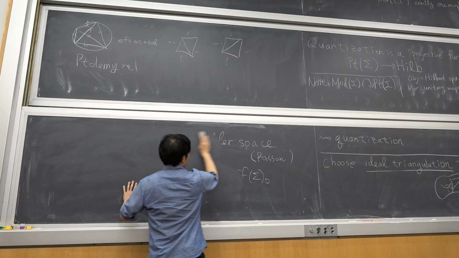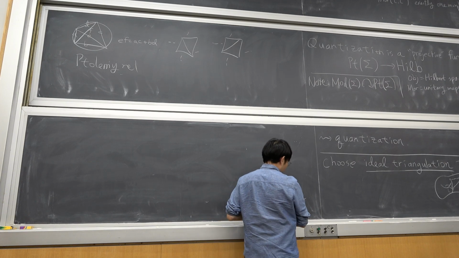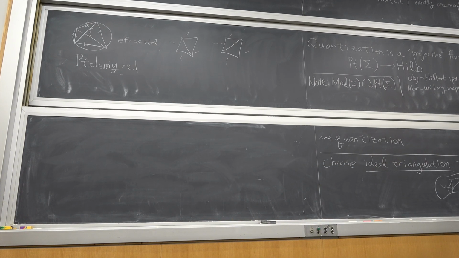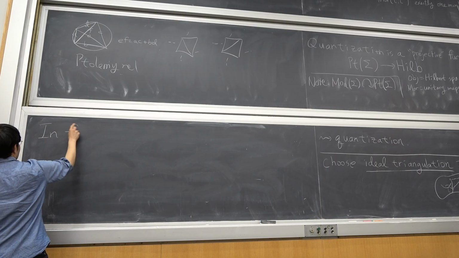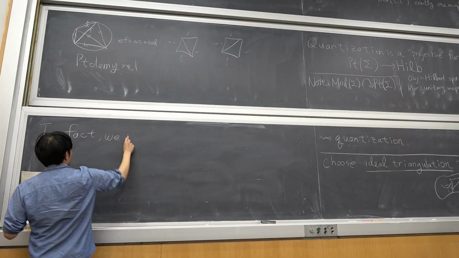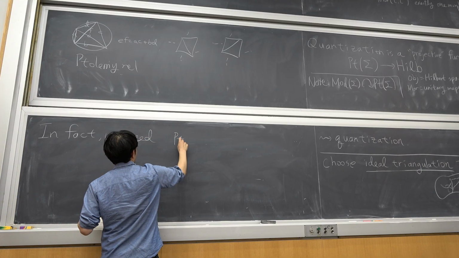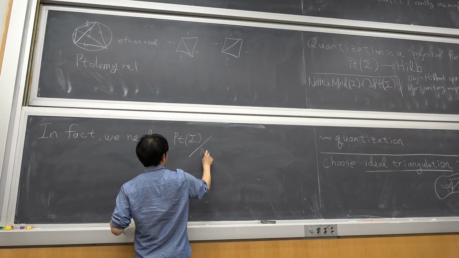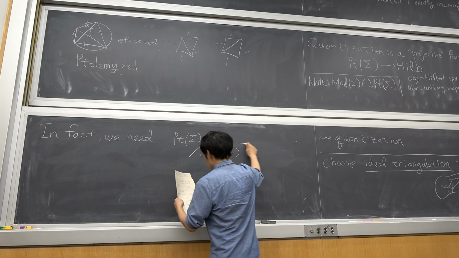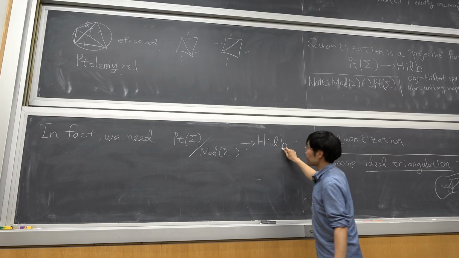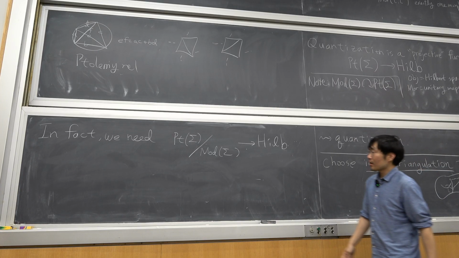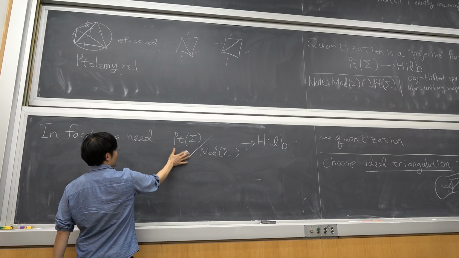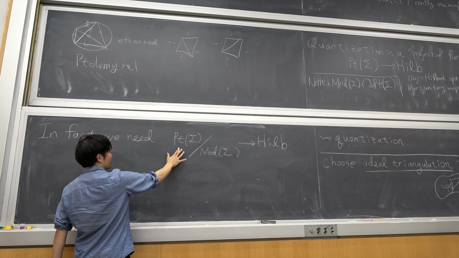One way of saying it is the following. In fact, what we need is a projective functor that goes from the quotient groupoid to Hilbert spaces. This still has not just one object, but finitely many objects.